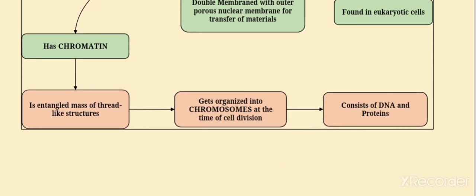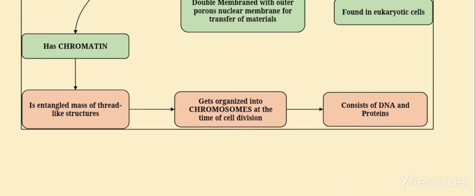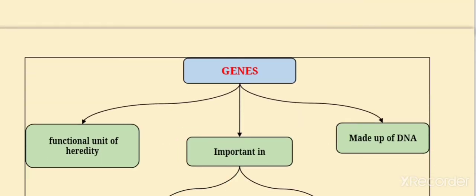It has chromatin. What do you mean by chromatin? Means chromosomes, which are helpful in the transfer of characters from one generation to another generation. The chromosomes are present in chromatin, and it consists of DNA and protein. So this DNA and protein transfer characters from one generation to another.